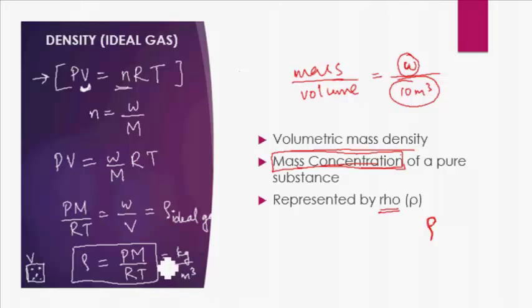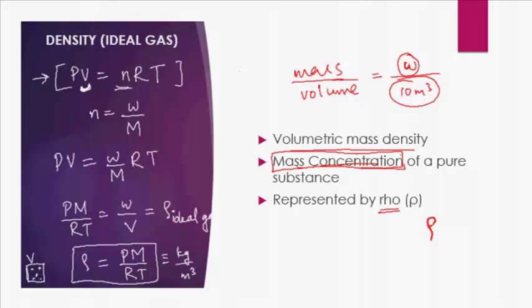But since we are talking about SI units, you will have to convert the molar mass into kilogram per mole. This is a common mistake which students make: they forget to change the molar mass from gram to kilogram. So if you are using SI units, you have to make that conversion.